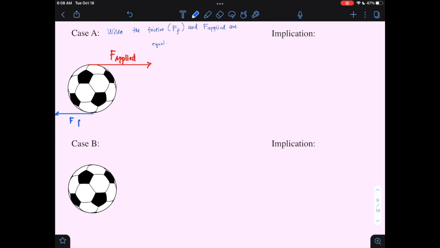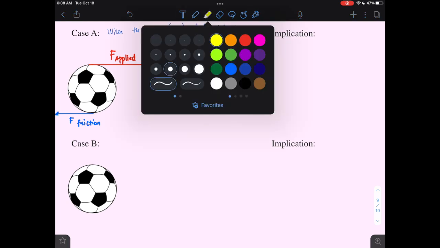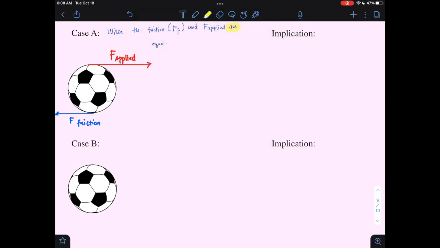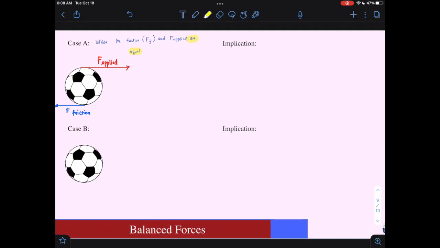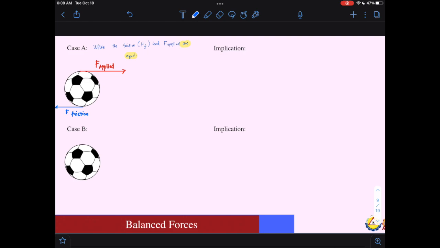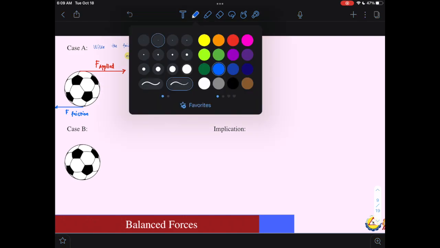So we are dealing with the first case where the F applied and F friction are equal. First question: does this mean that the forces are balanced in this case?